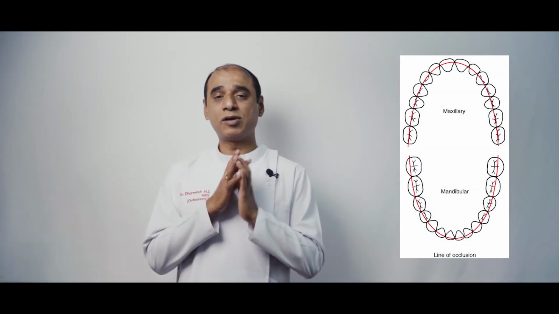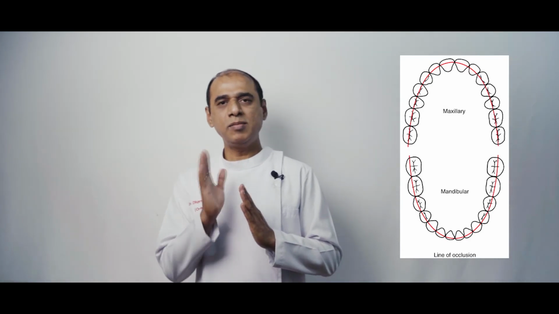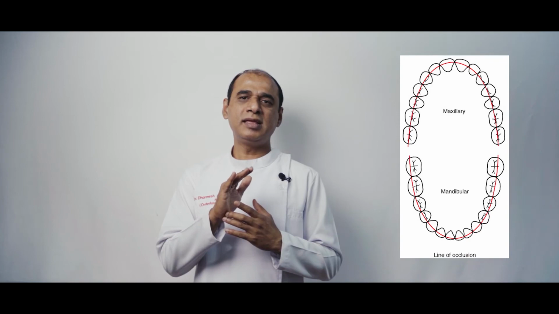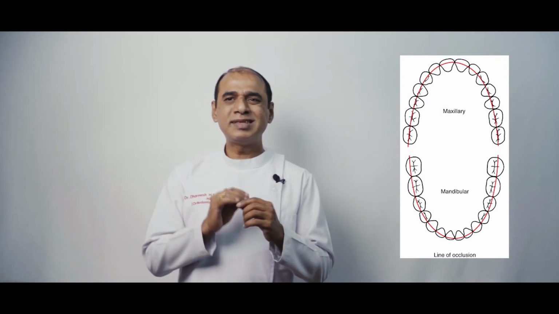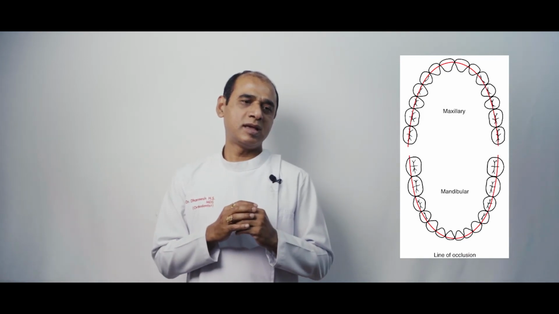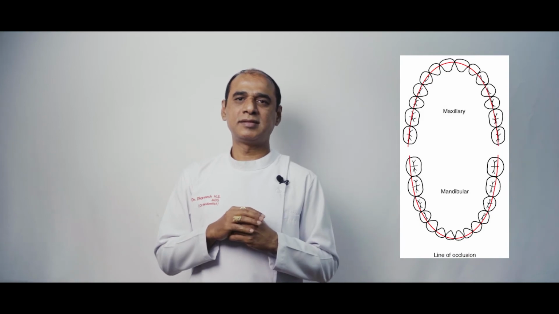And line of occlusion. There are two lines of occlusion, maxillary and mandibular. The maxillary is a smooth curve passing through the central fossa of upper molars and along the cingulum of upper canines and incisors.